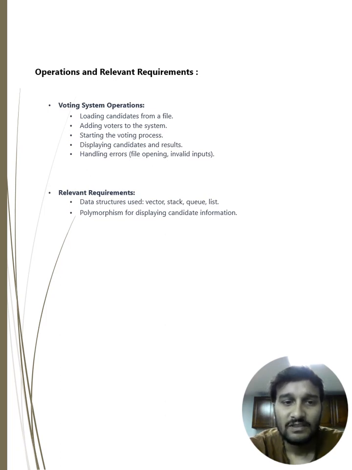For output formatting, the program presents information in a readable and organized manner to users, making it easy to understand election results. The voting logic: voters can only cast one vote, and their selection should be reflected in the final results. For testing, the system can be tested with various scenarios, including different numbers of candidates and voters, to ensure accurate and reliable functionality.